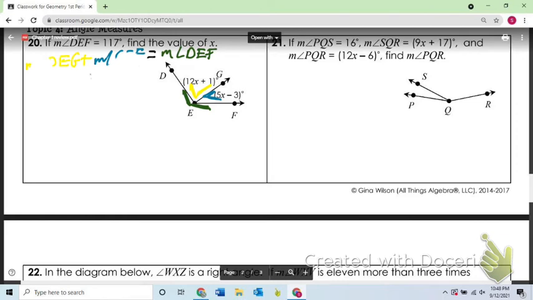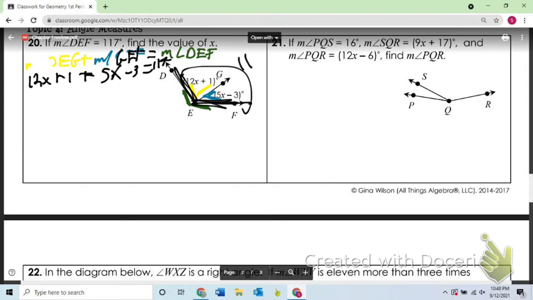And so we know that DEG is 12x plus 1 plus, that's GEF, is 5x minus 3, and those have to add up to 117 degrees. Because what we're basically doing is taking this big outside angle right here, and we know that that's 117.